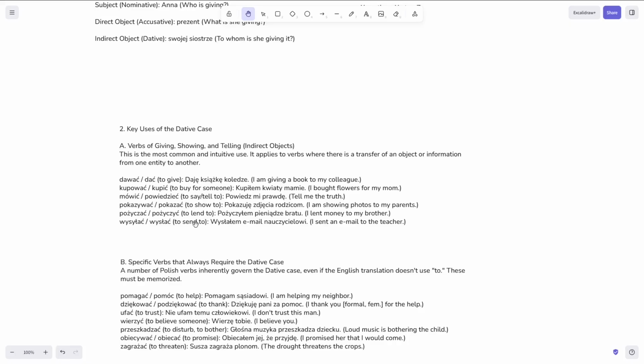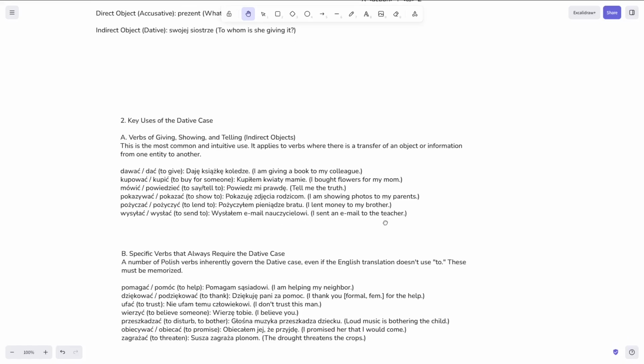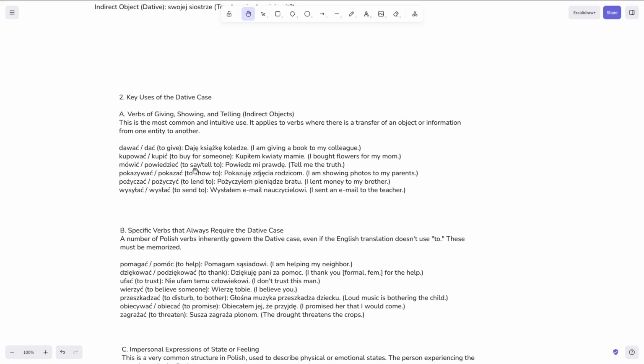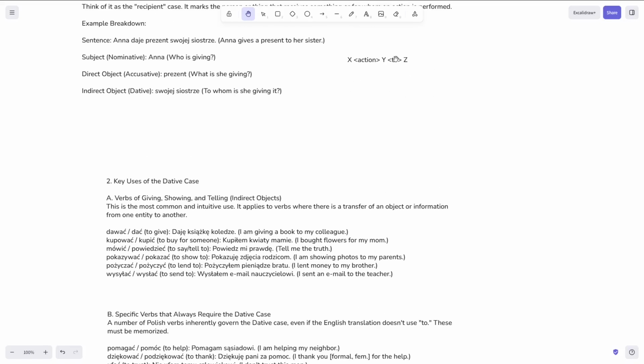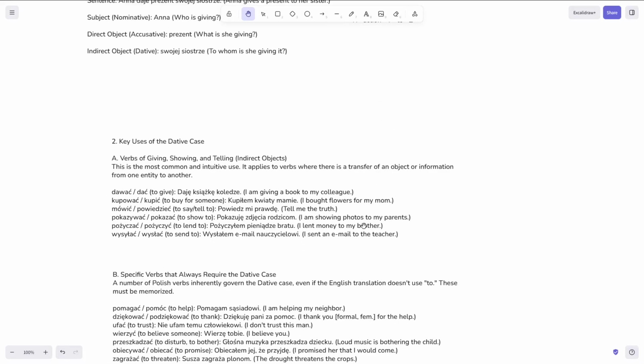To lend. I lent money to my brother, okay? And to send. I sent an email to the teacher, okay? So these verbs just naturally follow this pattern. X performs the action on Y to someone, okay?